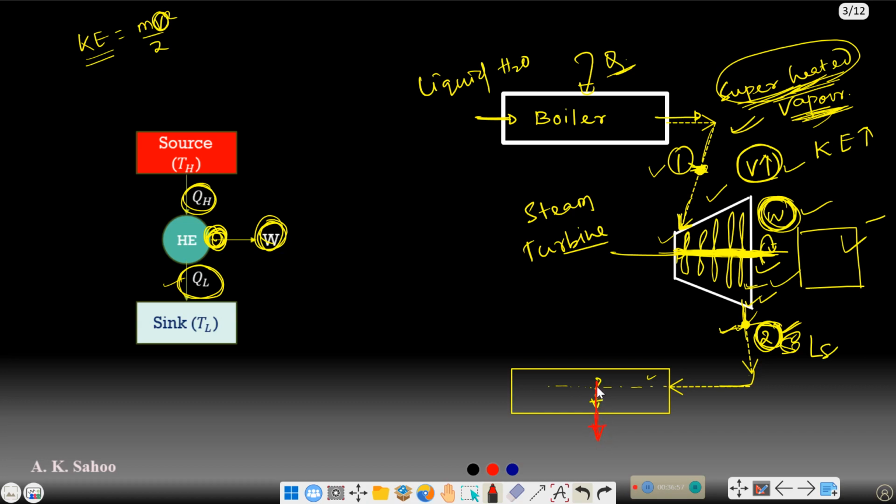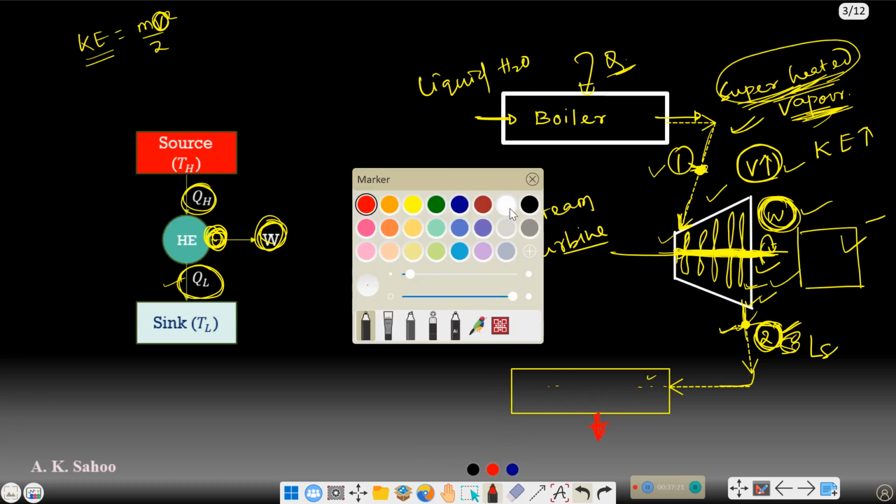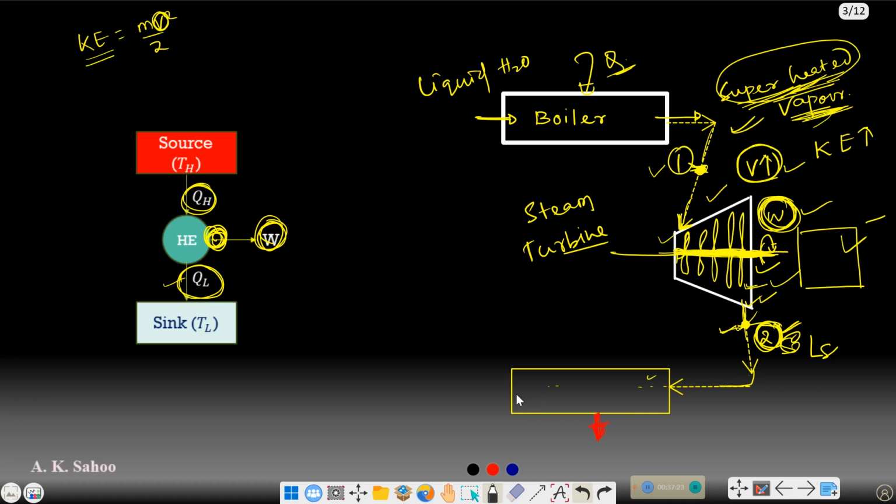It will be rejecting some amount of heat from the steam to the ambient, to the surrounding. So the name of this device is the condenser. Let me write it down.